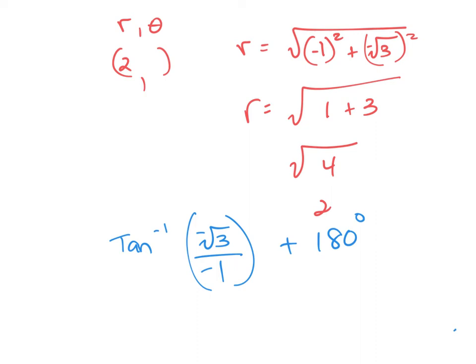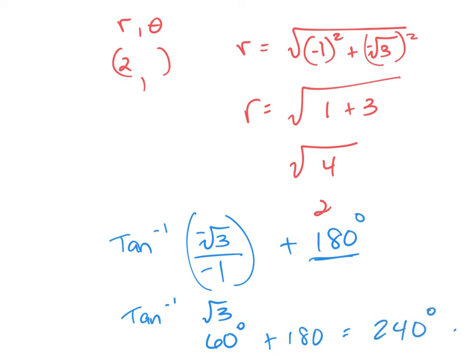If I do this, this is tan -1 of √3, because negative over a negative is a positive, and -√3 over -1 is positive √3, and that is 60 degrees. Everybody agree with me? Yeah. If you go to your unit circle, the tan is written on the outside, and the first one that's a √3 is 60 degrees. But because x is negative, I have to add 180 to it, and we get 240 degrees.